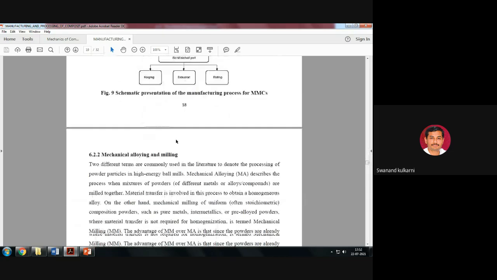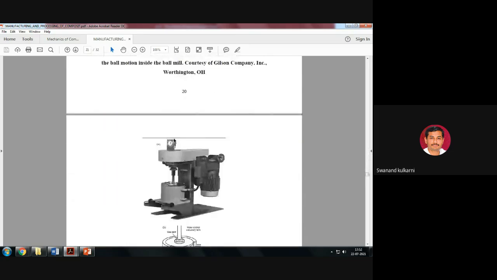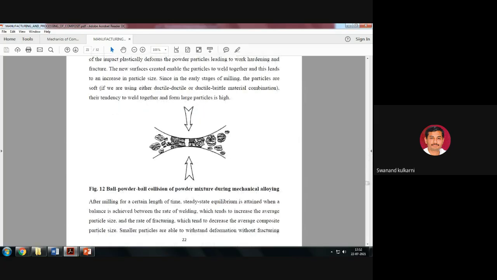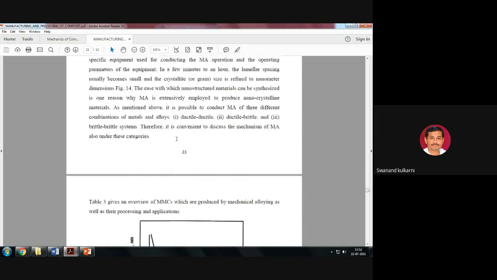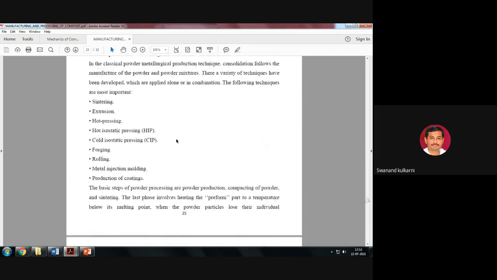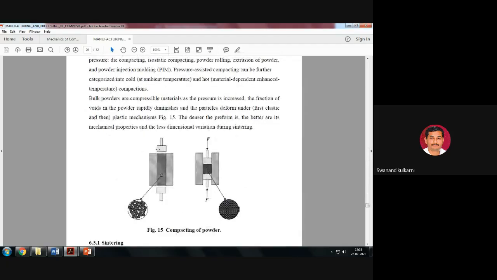Is it okay? So some solid state processes like our powder metallurgy process are also used in this case. Is it okay? You can see here how the powder metallurgical process is happening. Is it okay? So as usual, compaction, sintering. So here the composite material with matrix and reinforcement is kept here.